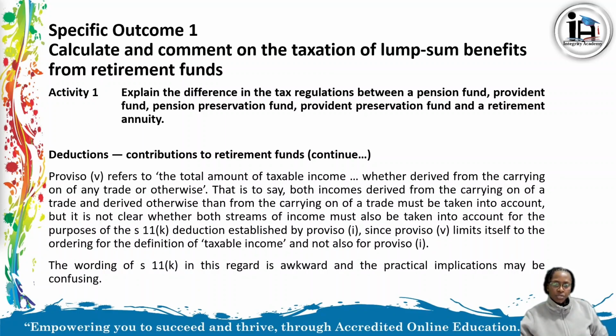Proviso 5 refers to the total amount of taxable income, whether derived from the carrying on of any trade or otherwise.